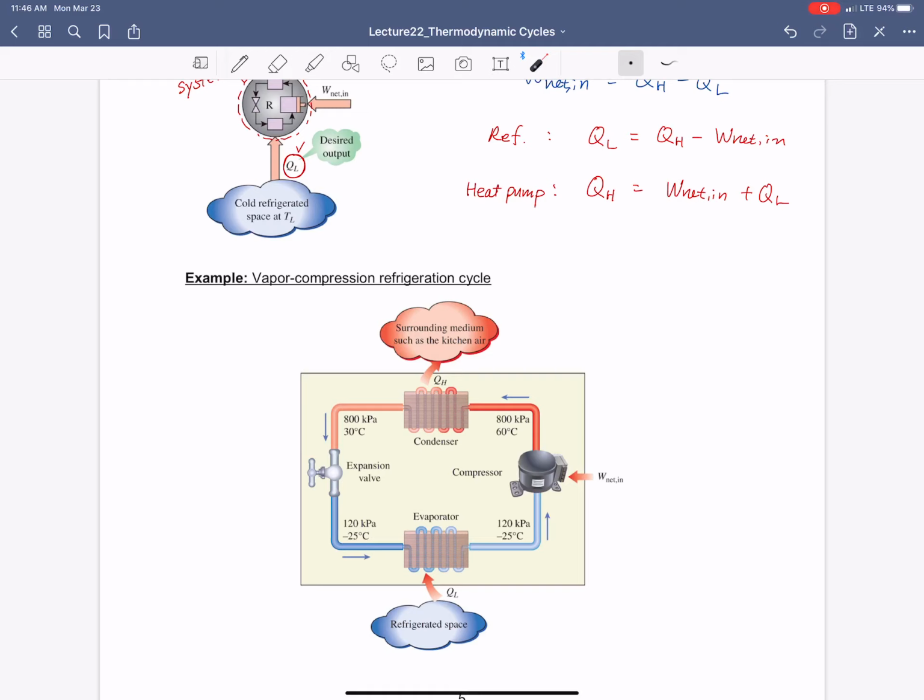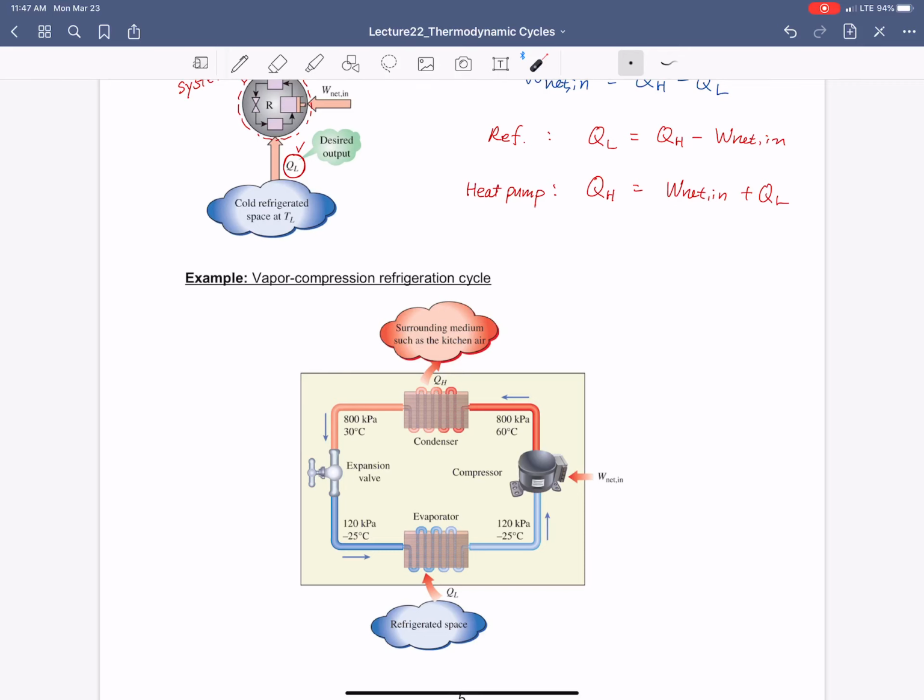Now, same thing as we discussed, we need a warm environment to dump heat out, and we should also have a cold reservoir from which we take heat to the evaporator.